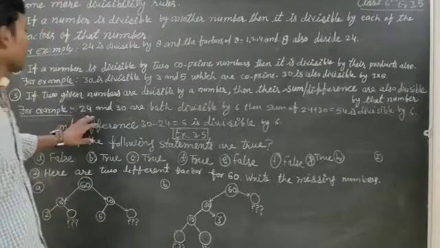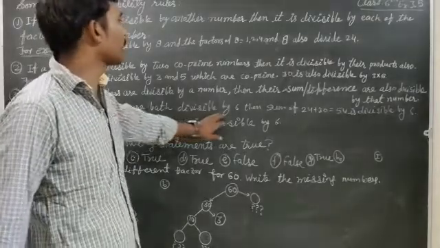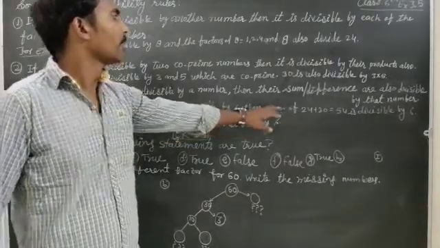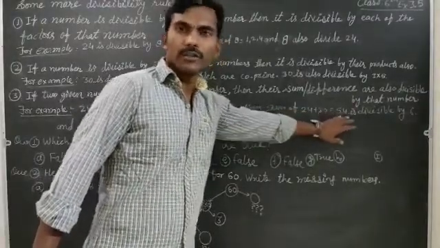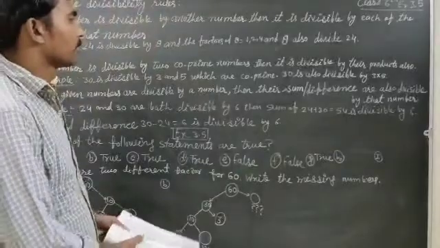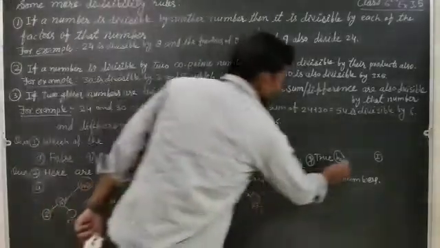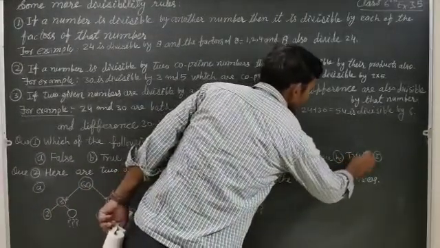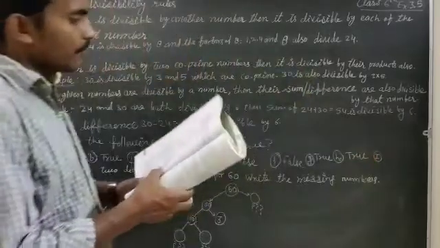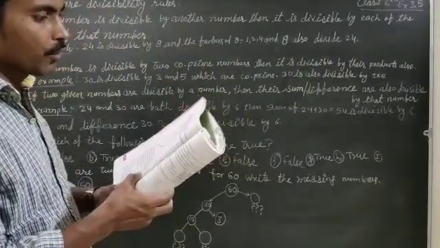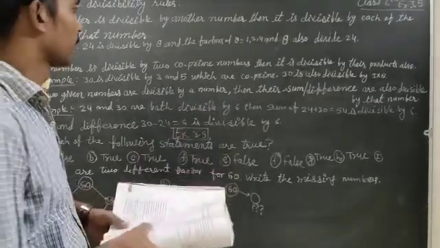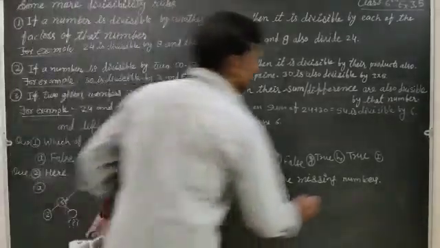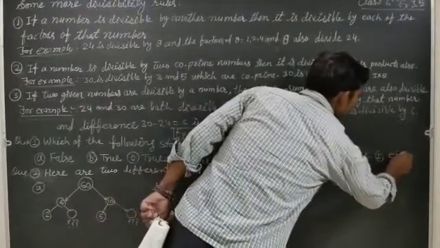For example, 24 and 30 both numbers are divisible by 6, then the sum of these numbers, 54, is also divisible by 6. So this statement is also true. And last I. If a number exactly divides the sum of two numbers, it must exactly divide the two numbers separately. It is not necessary. So this is false.